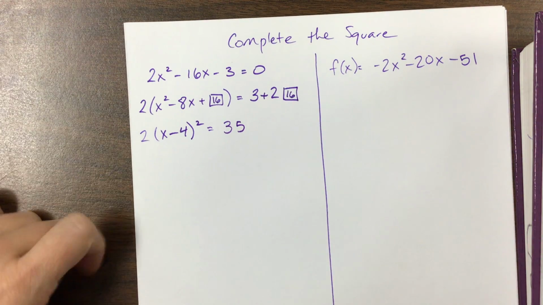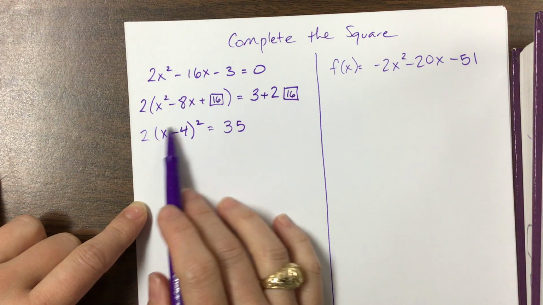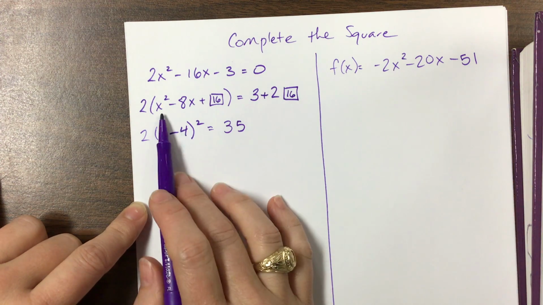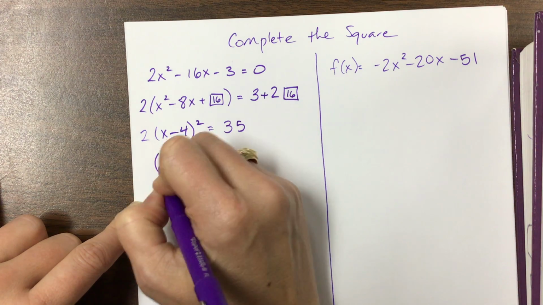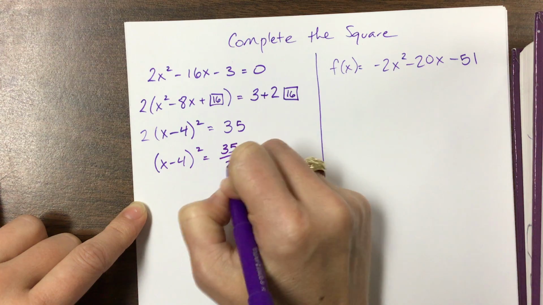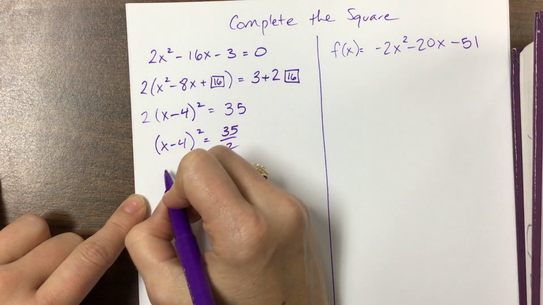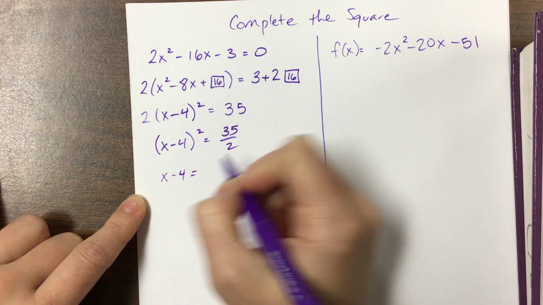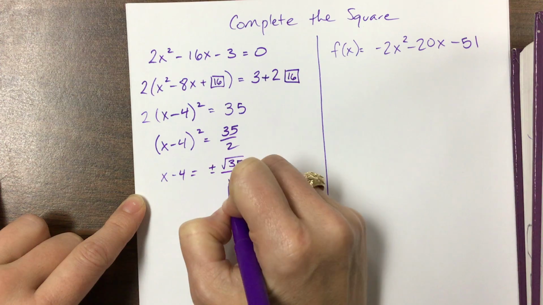All right, it's not lovely, but so then the next thing I need to do, so notice that if I expanded this out, x minus 4 squared would give me x squared minus 8x plus 16. So now I can divide by 2. And now I can do the square root, plus minus, and I get x minus 4 is equal to plus or minus root 35 over root 2.